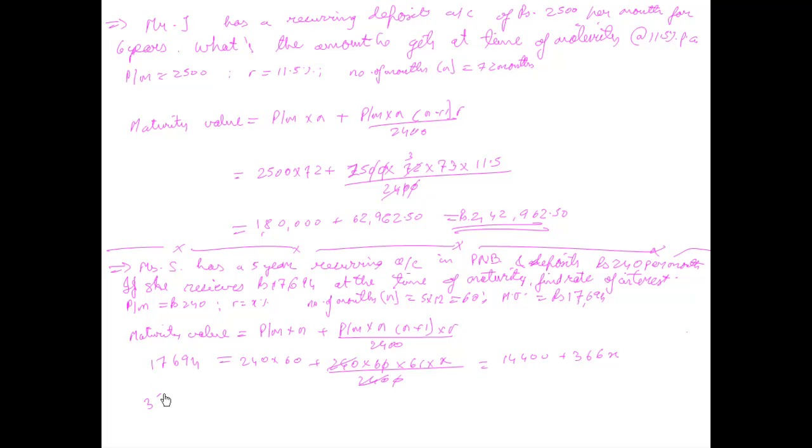So we get 366x is equal to 17,694 minus 14,400 to give us 3,294. The rate, children, accordingly comes out to be 3294 divided by 366, which is 9%. That's the rate at which the bank was giving interest.